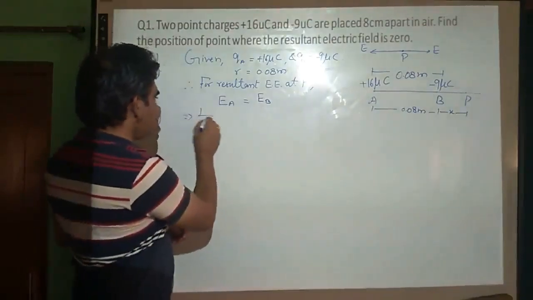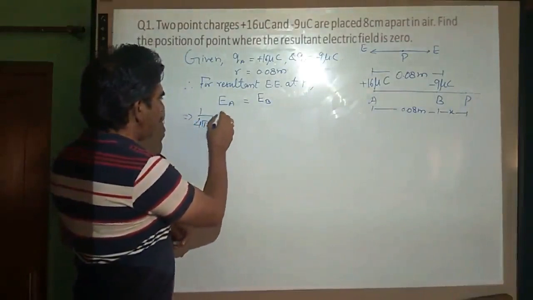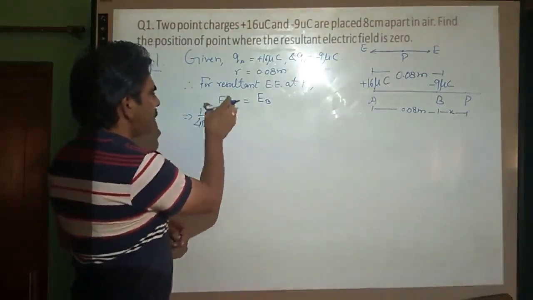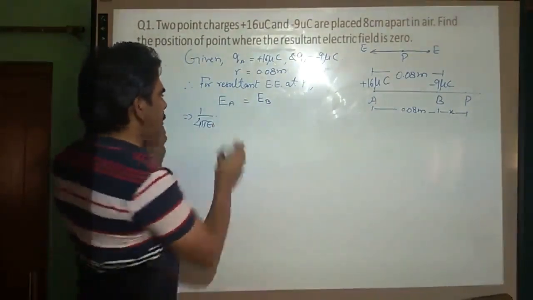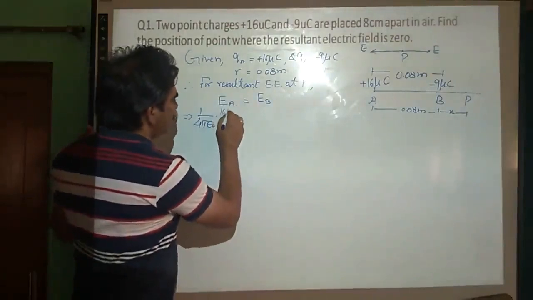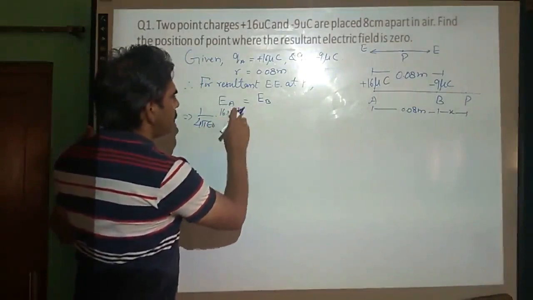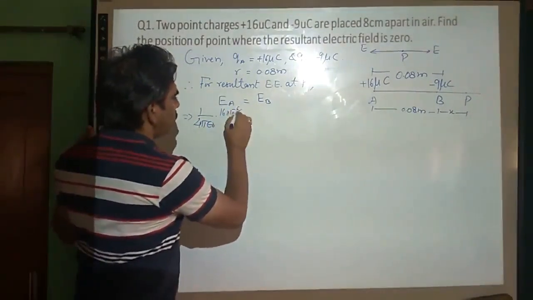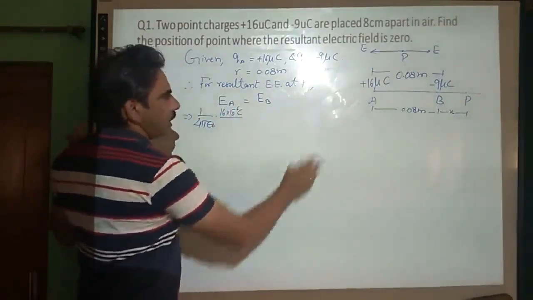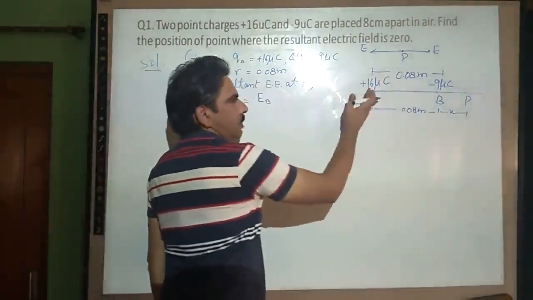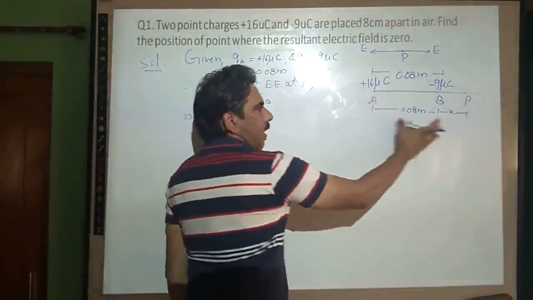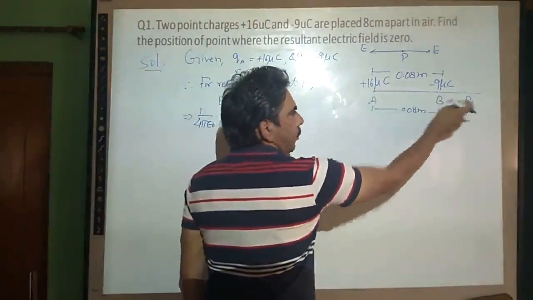So EA is equal to 1 upon 4 pi epsilon naught into QA. QA is nothing but plus 16 microcoulomb, or I can write it as 16 into 10 to the power minus 6 coulomb, divided by the distance of this point P from this charge, which is this one plus this one, which is AB plus BP.